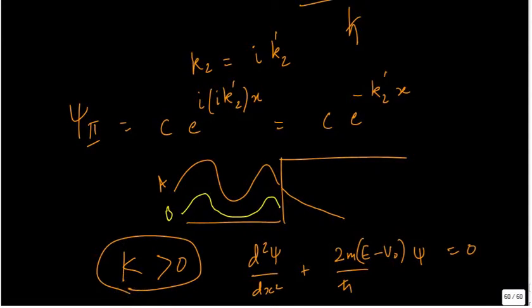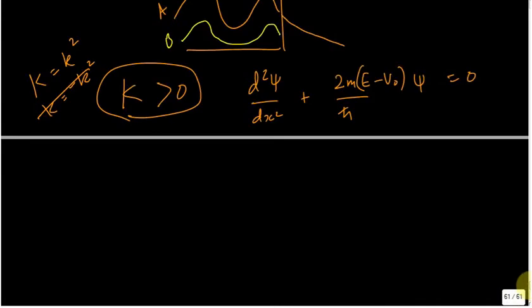You know, let me remind you, we had put capital K equal to k squared in one case and capital K equal to minus k squared in another case. In this case, we had put it equal to k squared when k is greater than 0, and this was for k less than 0. So now this is the case exactly. And the solutions that I am getting are e to the power minus k2 prime x.